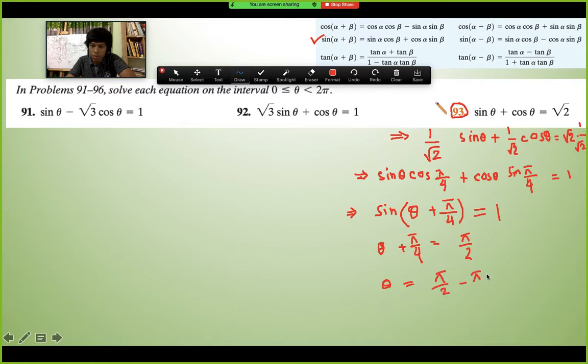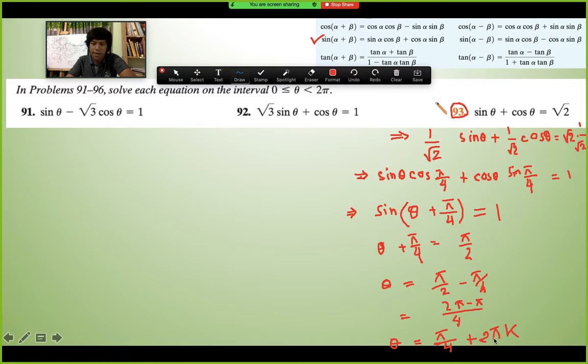If we do some LCM here, it becomes 2 pi minus pi, so ultimately we have pi by 4. Now just for safety, we can write here plus 2 pi k because of the periodicity of our function, in case there are any other values within the range.